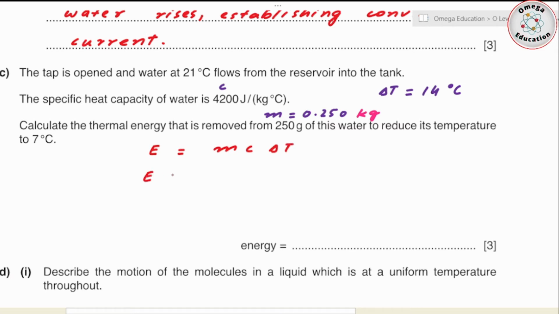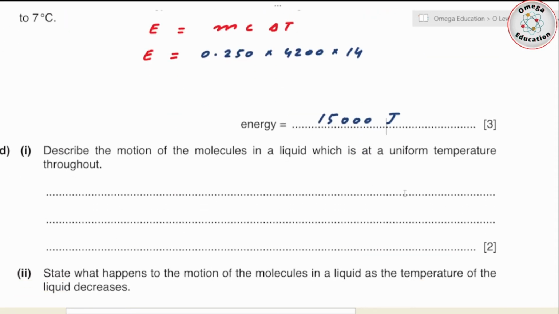So E equals, all we've got to do is insert the values: 0.250 times 4200 times 14. So the answer in two significant figures would be 15 followed by 3 digits. And if you want to write it in the standard form, you're very welcome. 1.5 times 10 to the power 4 joules would be the answer in standard form.